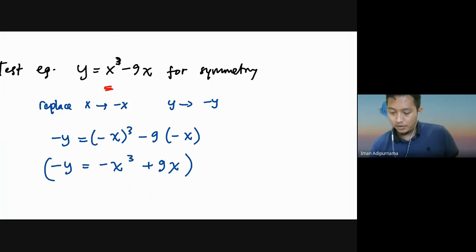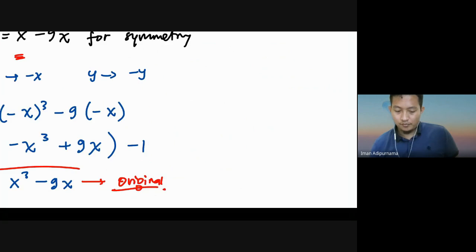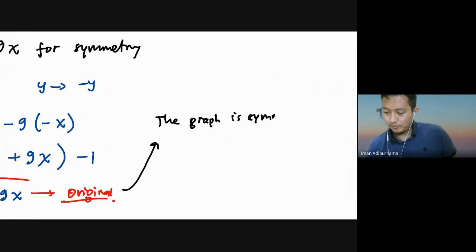And then we can multiply by negative 1, and we are going back to the original one. So which means that the graph is symmetric with respect to the origin.